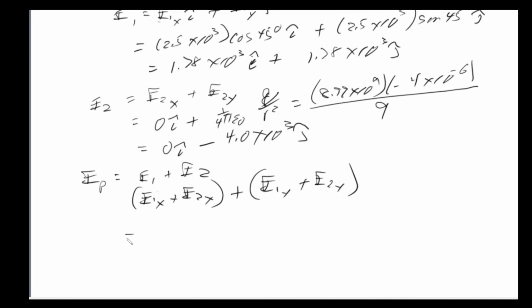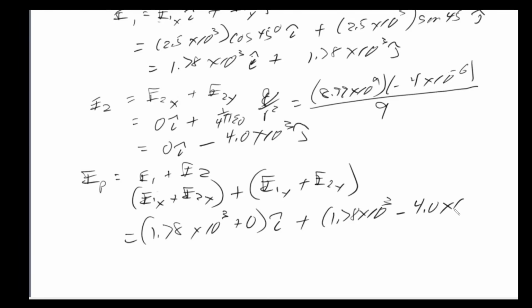So that's equal to 1.78 times 10 to the third plus 0 i, plus 1.78 times 10 to the third minus 4.0 times 10 to the third j. That comes out to be 1.78 times 10 to the third i minus 2.22 times 10 to the third j.